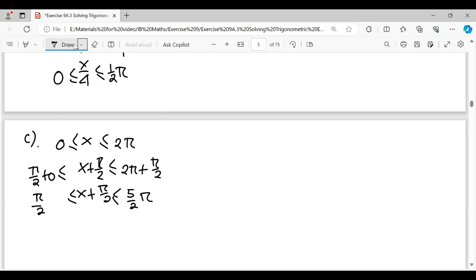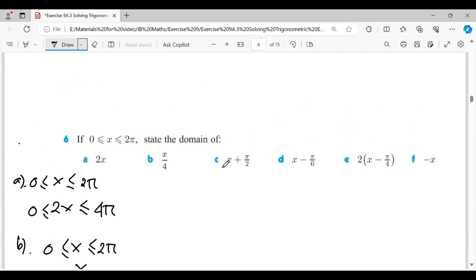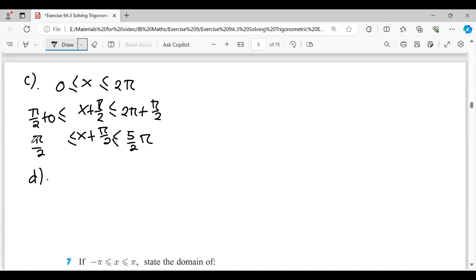D, x minus pi over 6. X minus pi over 6. 0, pi.